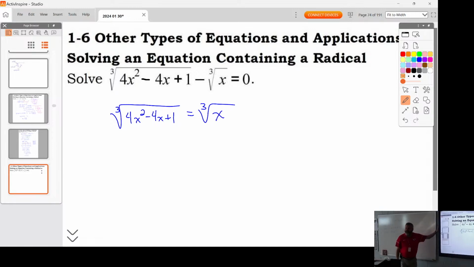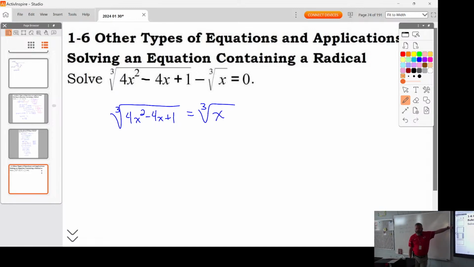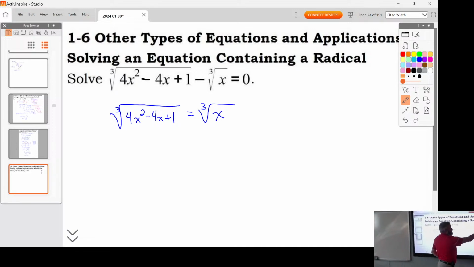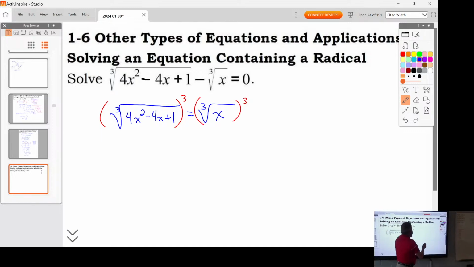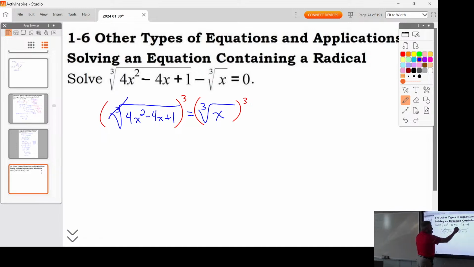Okay. How do you undo a cube root? You cube it. Okay. Again, whatever the index is, you raise it to that power. And by cubing a cube root, you will cancel the radicals.